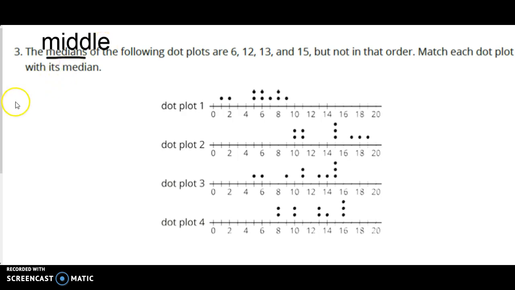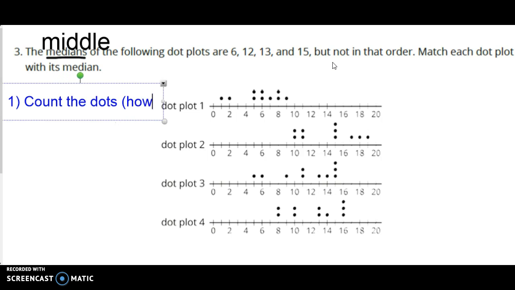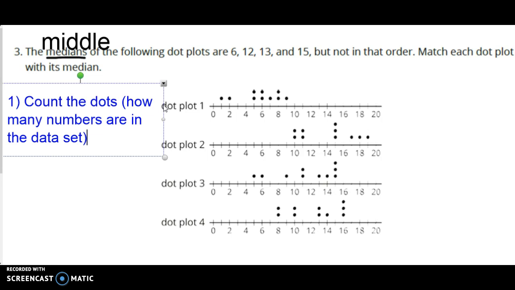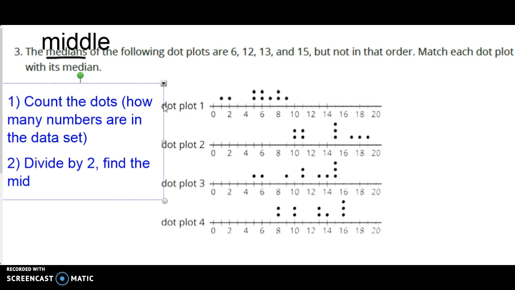Okay, to the left, I want you to write a few steps. The very first step is to count the dots to see how many numbers are in the data set. Once we've counted the dots, we can divide by 2 to find the middle number.